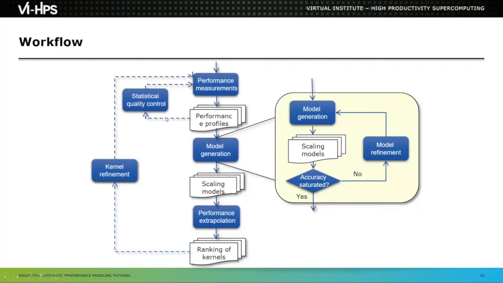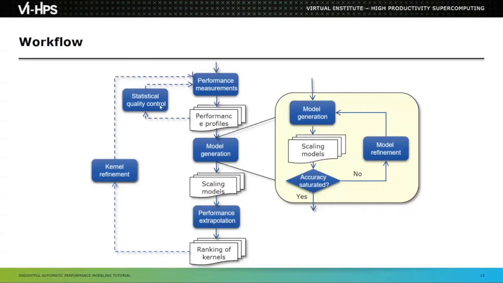Usually, as I said, we measure different application configurations, and we also advise to take several repetitions of each configuration, because then if we do a statistical quality control at this first step, we can already find out what is the variance, for example, in these measurements.